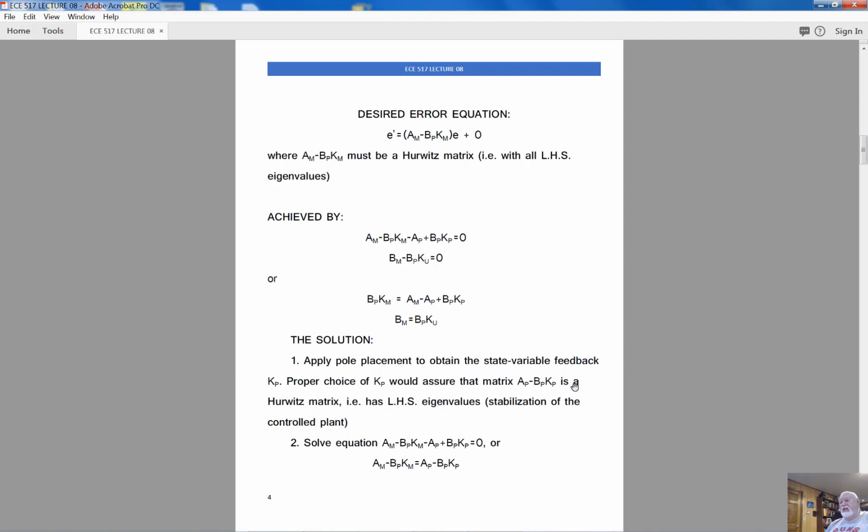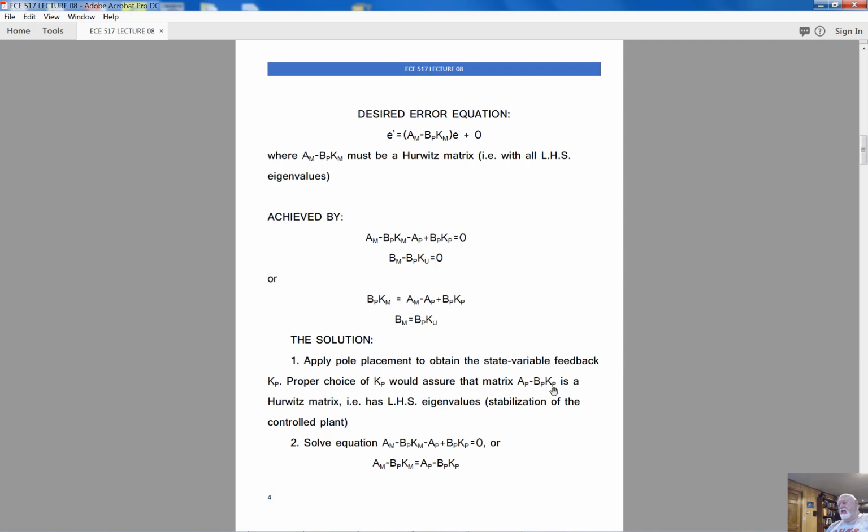So this is effectively the problem of stabilizing the control plant, making sure that control plant has appropriate settling time and overshoot and things of this nature. Or at least control plant with this state variable feedback must be stable. This is the most important issue.